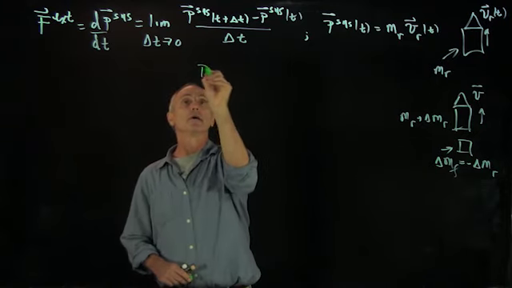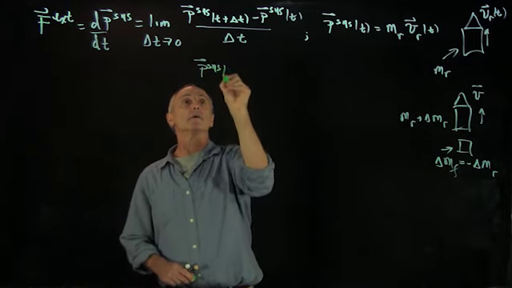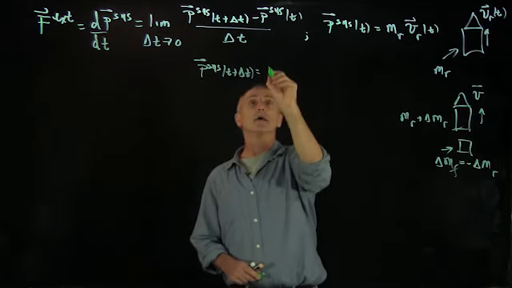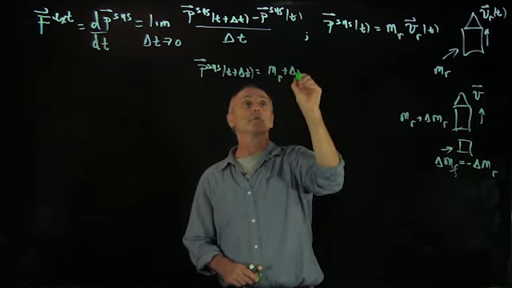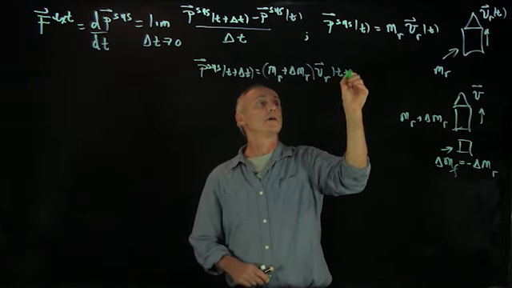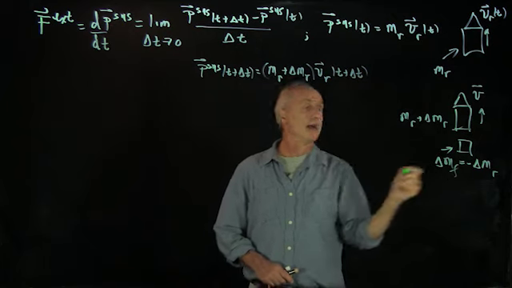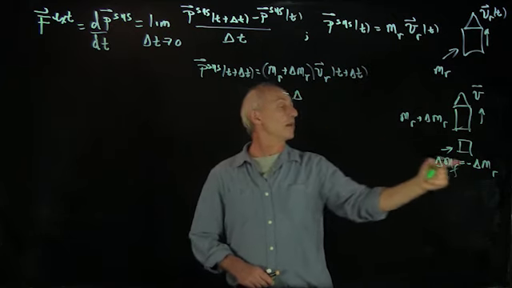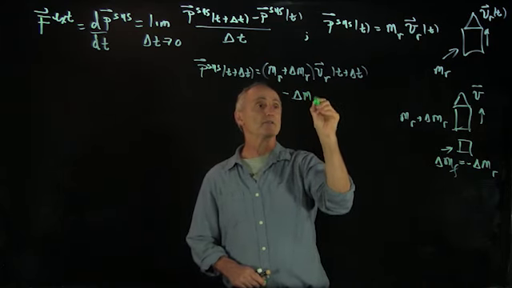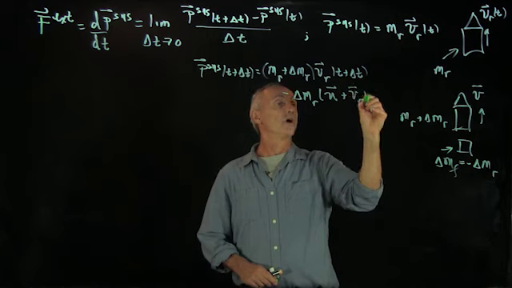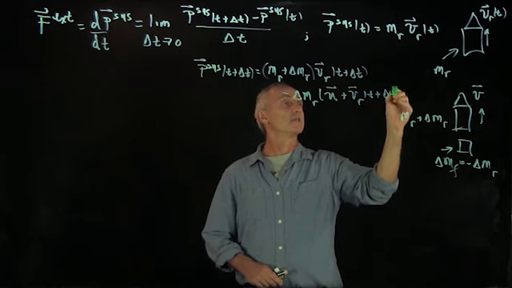P system at t plus delta t had two pieces. It had mr plus delta mr times v of r of t plus delta t. And we were subtracting, now because we made this change, that's minus delta mr times u plus v of r of t plus delta t.